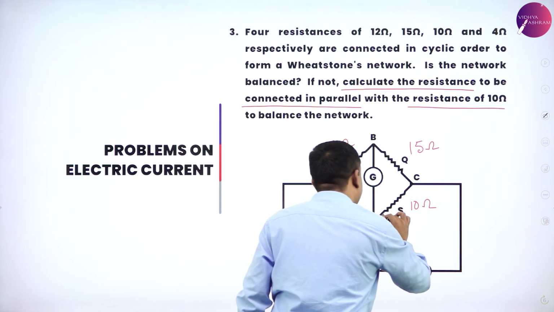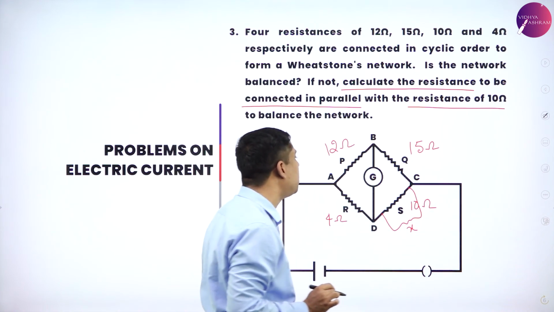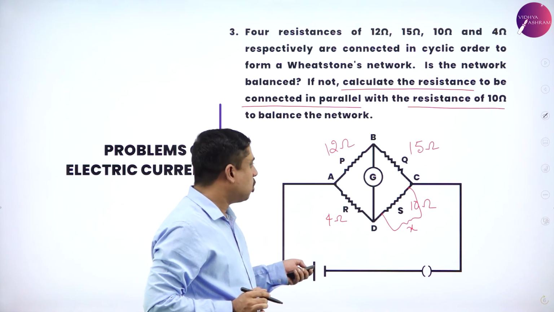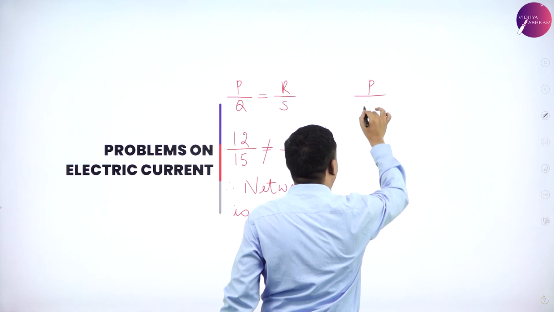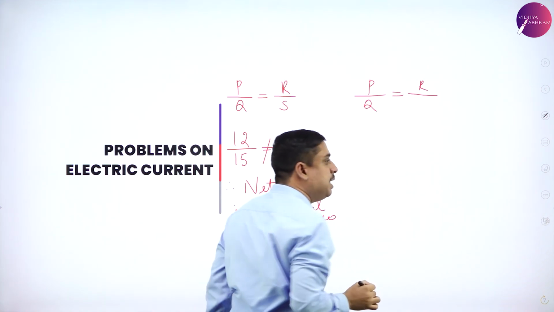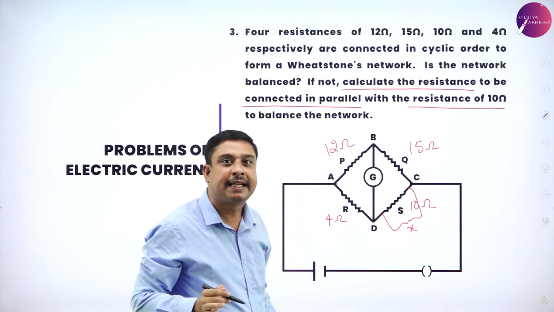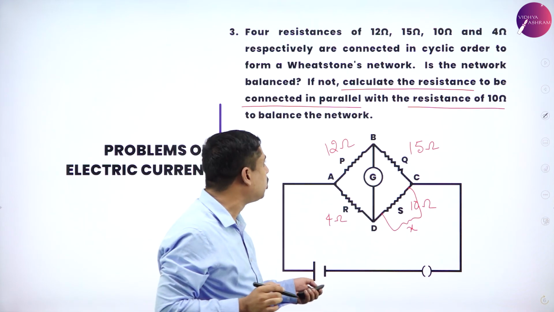So now we have to connect a resistance X in parallel, so that now we have P by Q equals R by the new S. Now observe, S and X are connected in parallel. So effective resistance comes into picture.